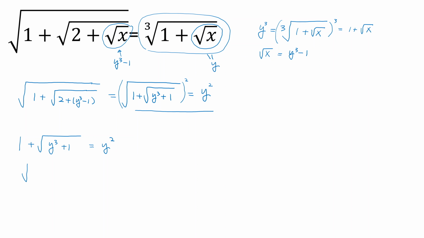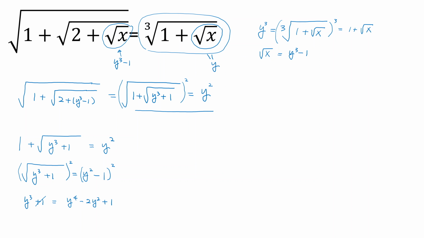The left hand side becomes square root of y cubed plus 1 equals y squared minus 1. To solve for y, the next step is to square both sides again. You have y cubed plus 1 equals y to the power of 4 minus 2 y squared plus 1.